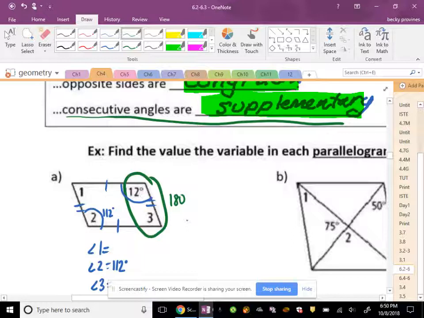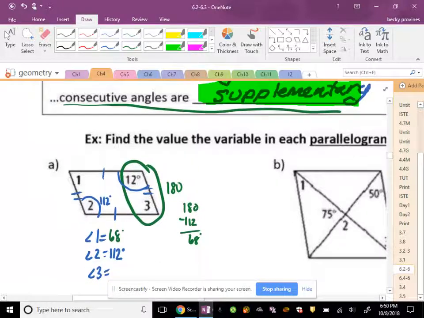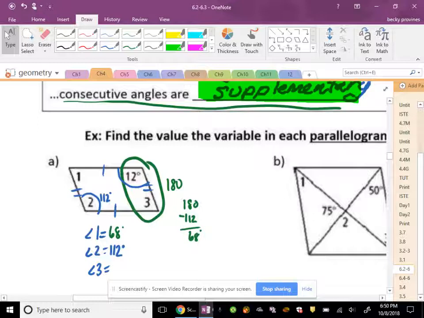Okay, so let's take 180, subtract 112, and so I believe that is 68. So if angle 3 is 68, I know opposite angles are equal, so angle 1 over here is also 68 degrees.